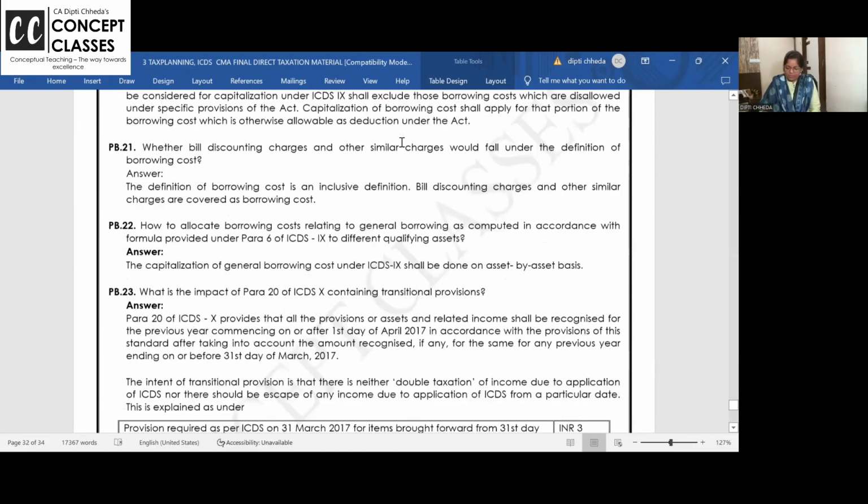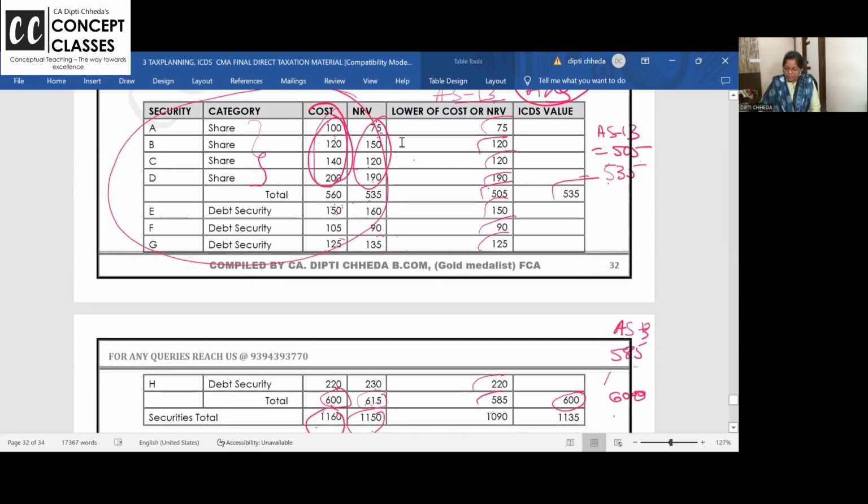Script means, ma'am, each share you are saying, or category? Share is one category. So for all the shares, what is the cost? 560. For all the shares, what is the NRV total? 535. Whichever is lower, take it. This is ICDS: for the whole category of shares, cost; for the whole category of shares, NRV; and whichever is lower.